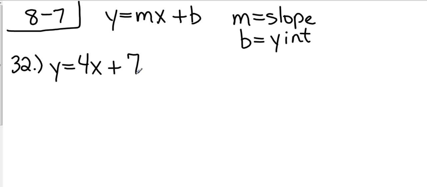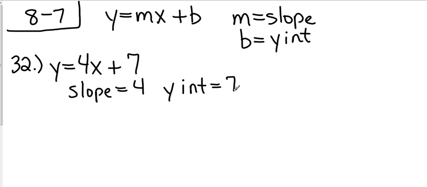Okay, what they want for us is they want to know what the slope is and what the y-intercept is. Your slope is always the number that's in front of the x. So in this case, my slope is 4. And my y-intercept is 7.